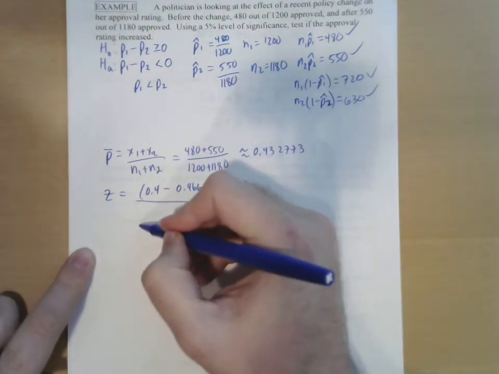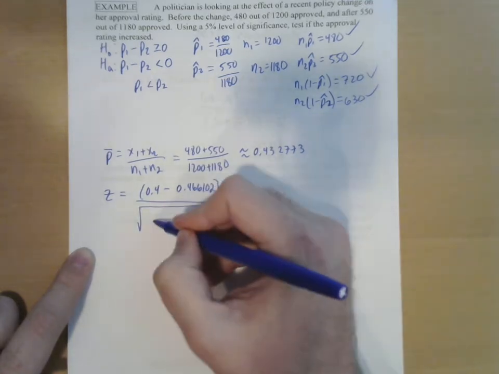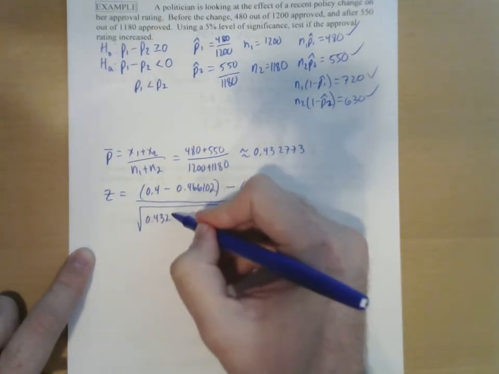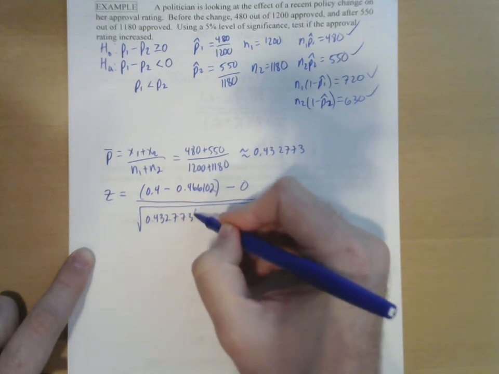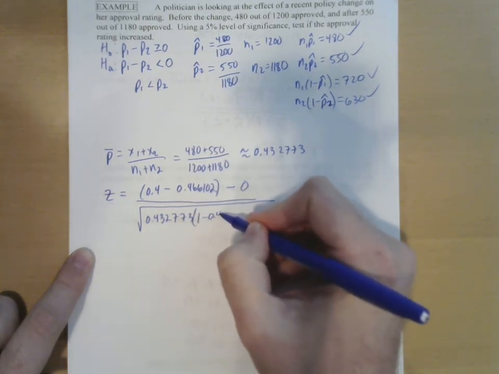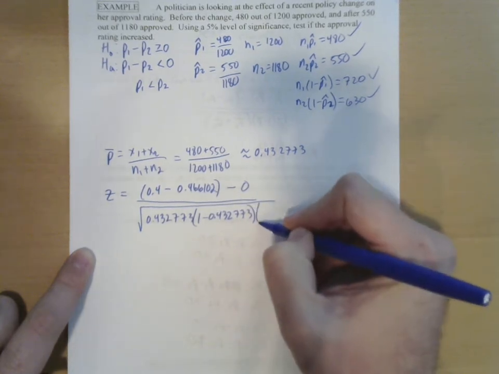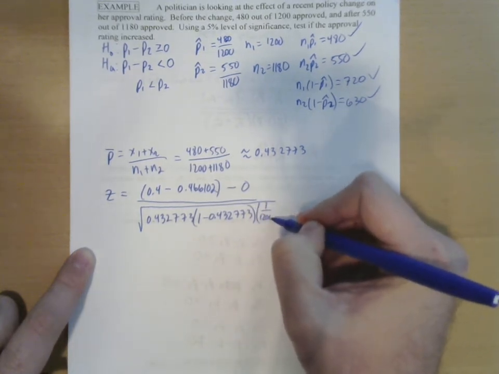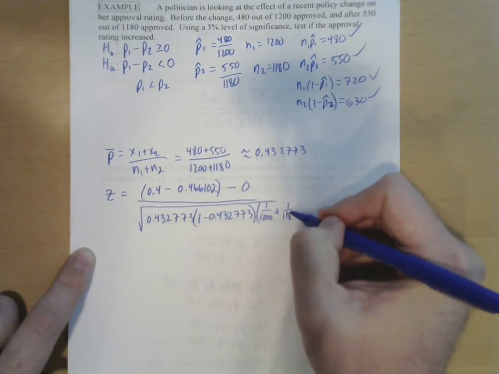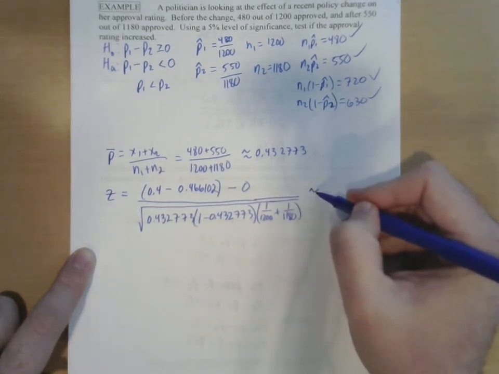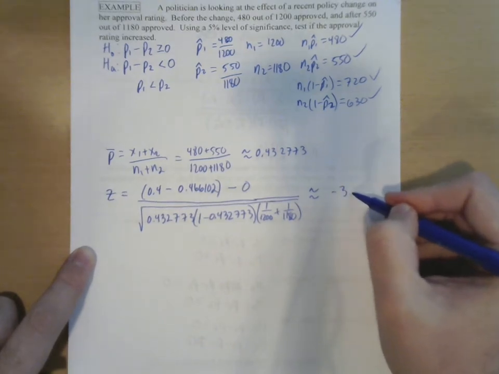All over the square root of 0.432773 times 1 minus 0.432773 times 1 over 1200 plus 1 over 1180. And this is all coming out to negative 3.25.